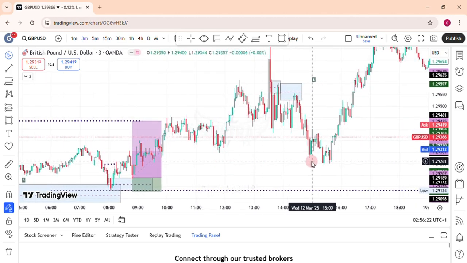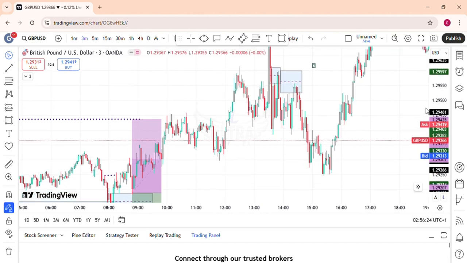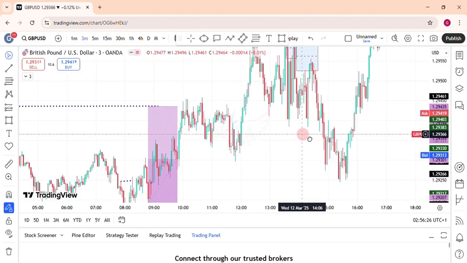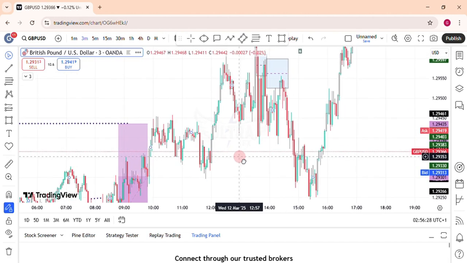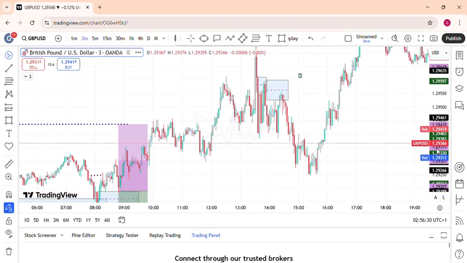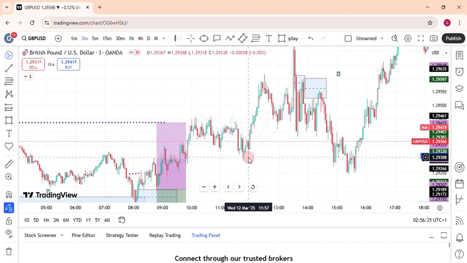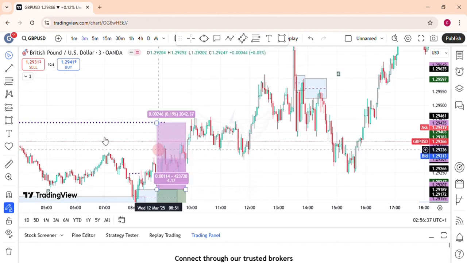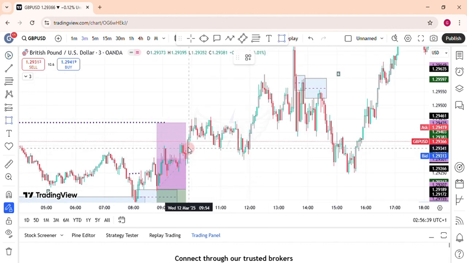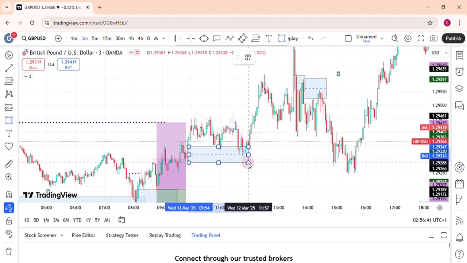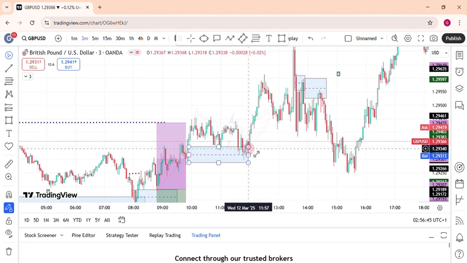The next trade we can see after the number 5 is this, which is our number 6 trade. But before this number 6, you can see a tap into this fair value gap here, but there is no break of market structure above this high.